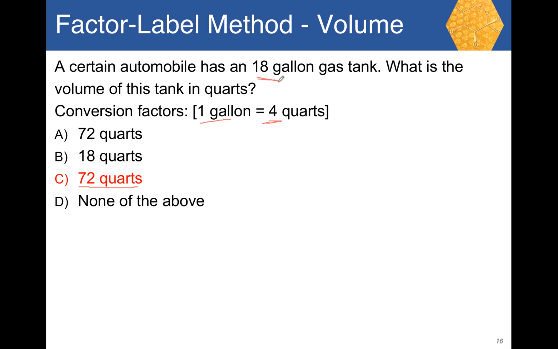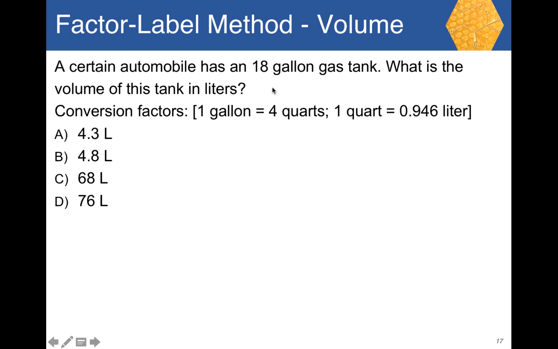Okay, all right, let's see what's next. I think I have here another example, a little more complex. A certain automobile has an 18-gallon gas tank, the same automobile, I guess. What is it in liters this time? The only information that you're given is 1 gallon is equal to 4 quarts, and 1 quart is equal to 0.496 liters.